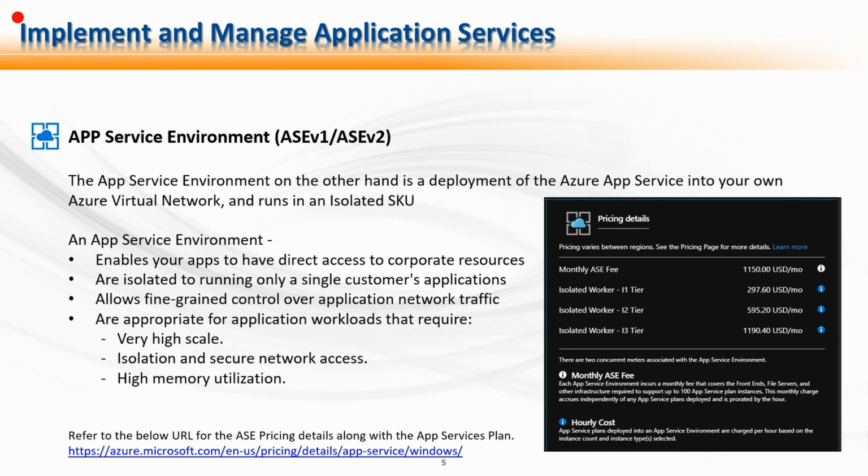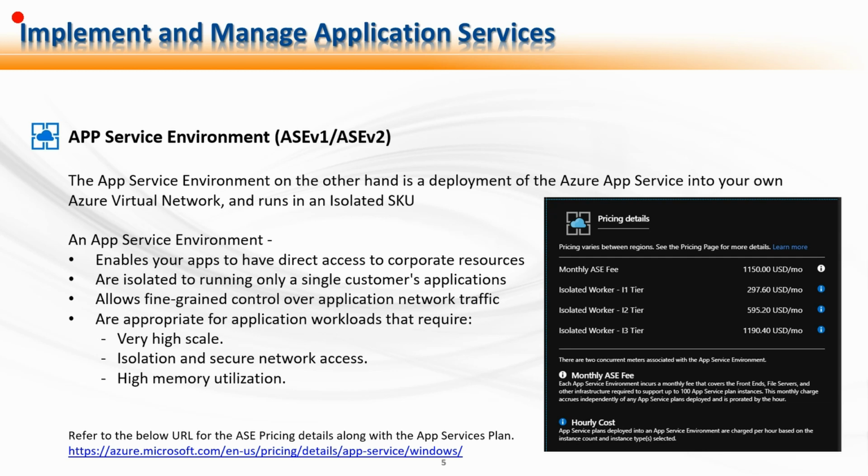Next is the app services environment. The app service environment, on the other hand, is a deployment of the Azure App Service into your own Azure virtual network and runs on a separate SKU, which is called the isolated SKU. The second generation of the ASE is generally referred to as ASE v2, whereas the previous version was referred to as ASE v1.